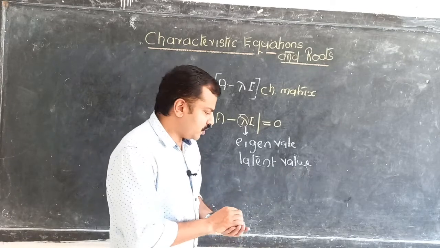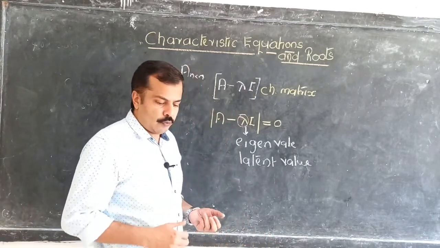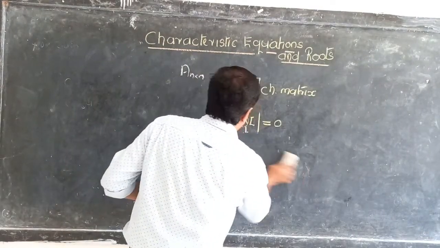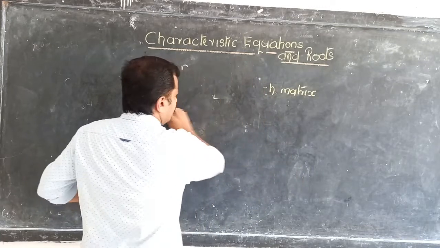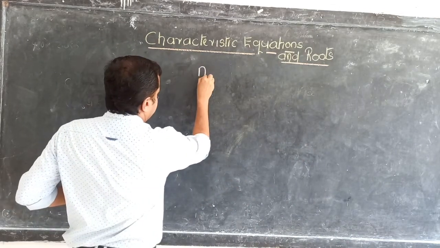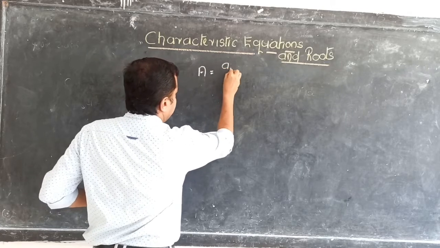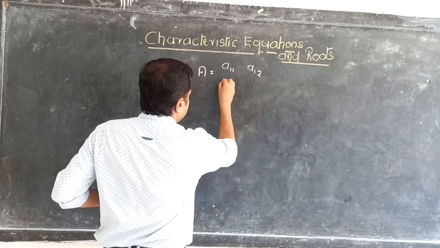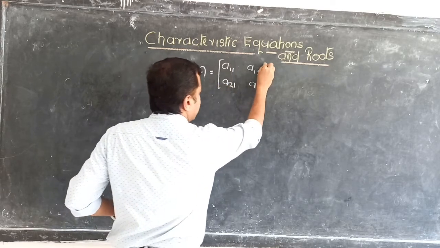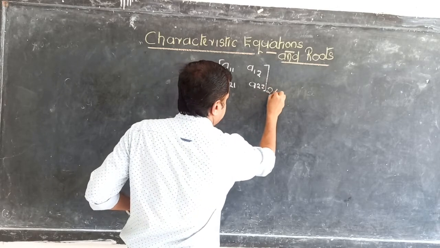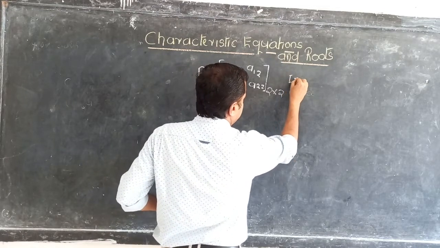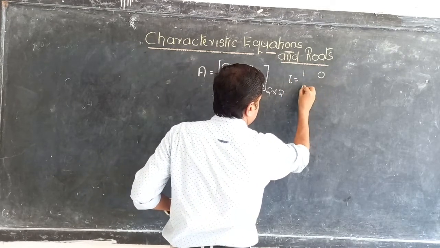Now let me put an example and explain how we can calculate the characteristic matrix as well as the characteristic equation. Given our familiar 2 by 2 matrix, A equals A11, A12, A21, A22, one of the simplest forms of a square matrix. Let us also have an identity matrix of the same order, I equals 1, 0, 0, 1.